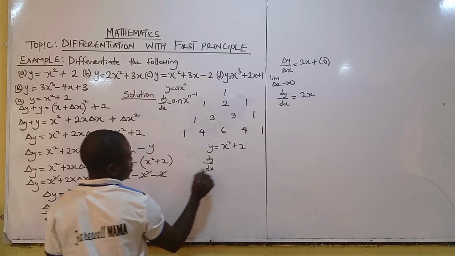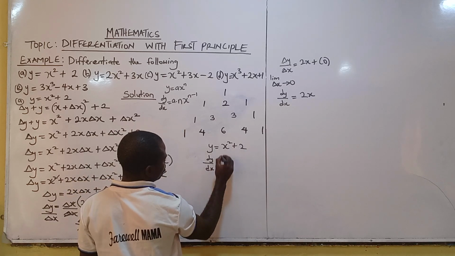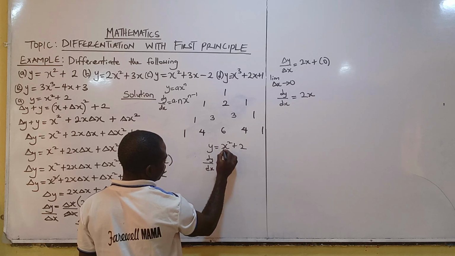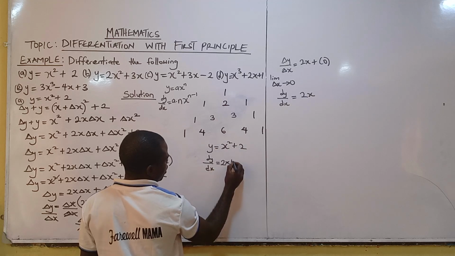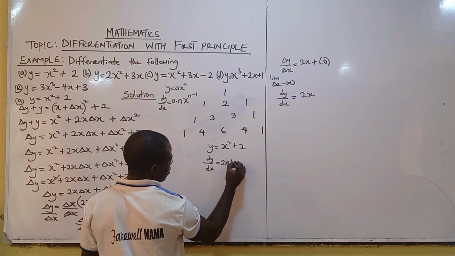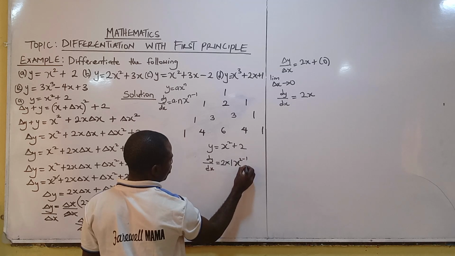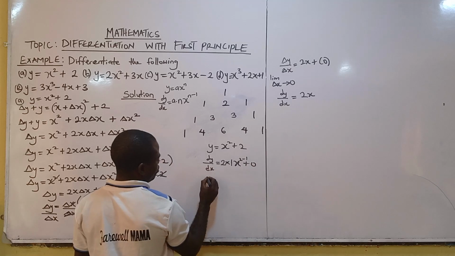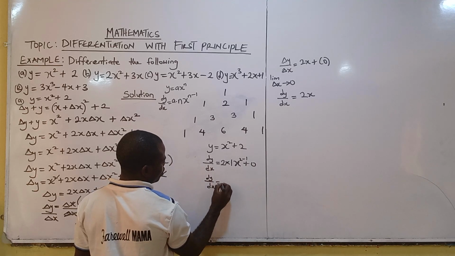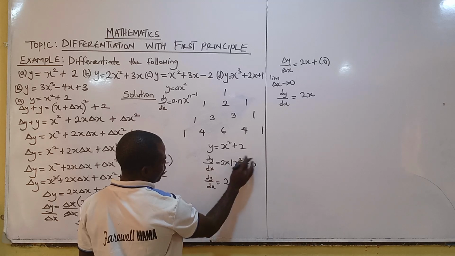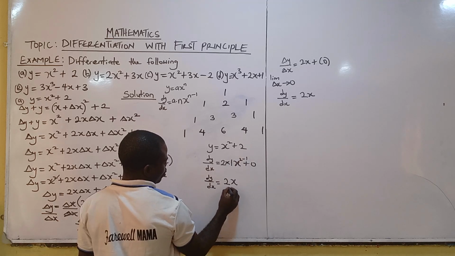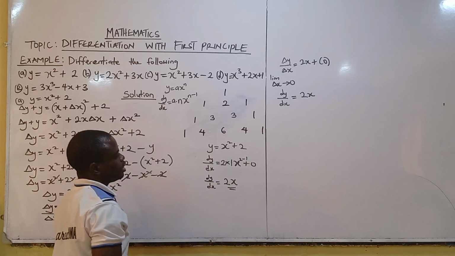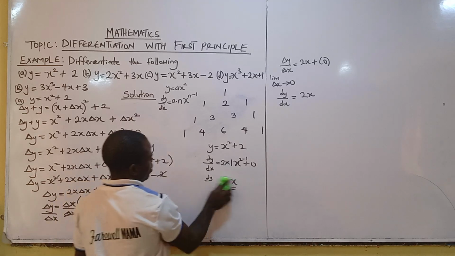That's the general method. Let's confirm: 2 will come to the front, 2 times 1, there's 1 here, but it's not visible, it's invisible. Times x, 2 times 1, x raised to power 2 minus 1, plus, I told you when you are differentiating a constant it is 0. dy over dx equals 2x, 2 minus 1 is 1. You have 2x, which is the same as what you have here. You can confirm it with the general method. Okay?